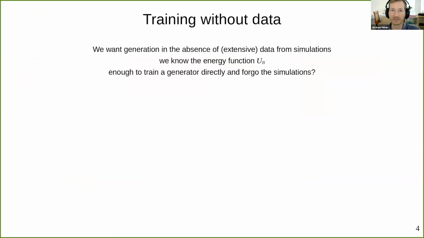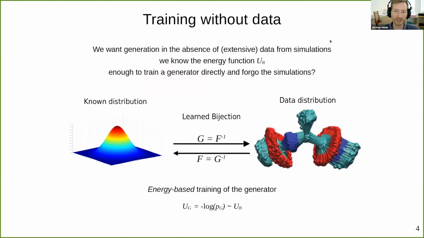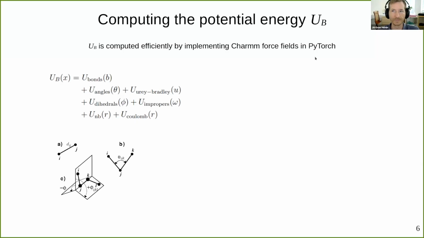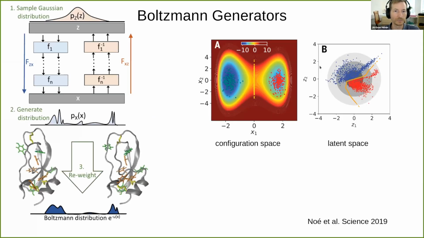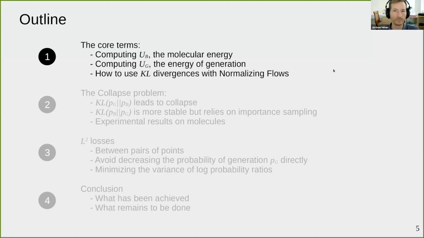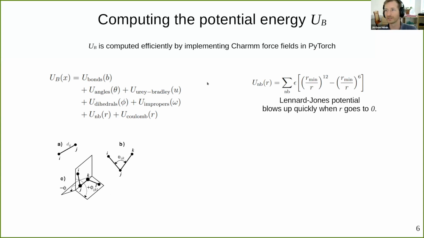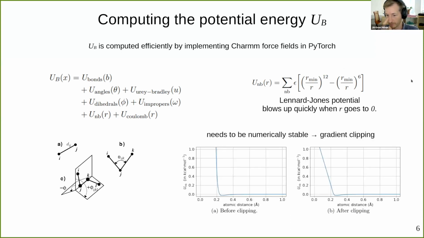Okay, so training. We want to train in the absence of extensive data. So, energy-based training. For that, you need to compute the energy. We use the classic energy functions that are used for biomolecules.